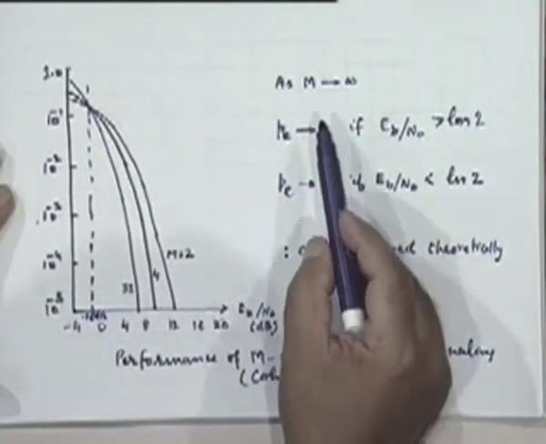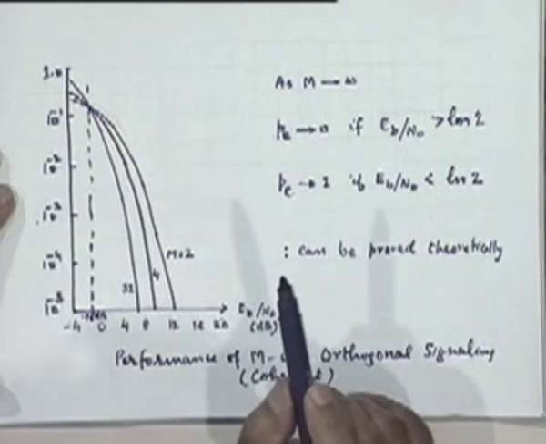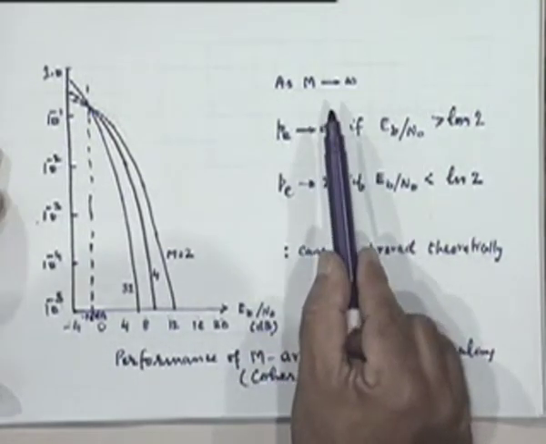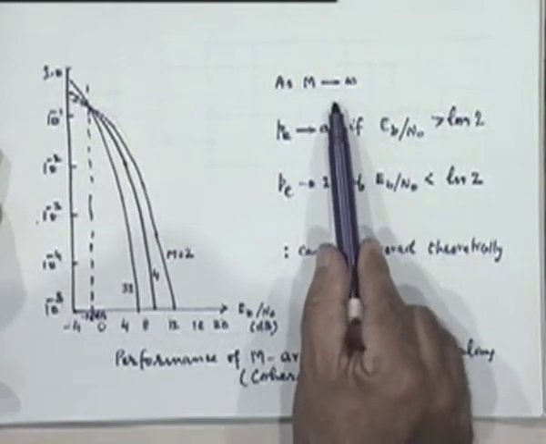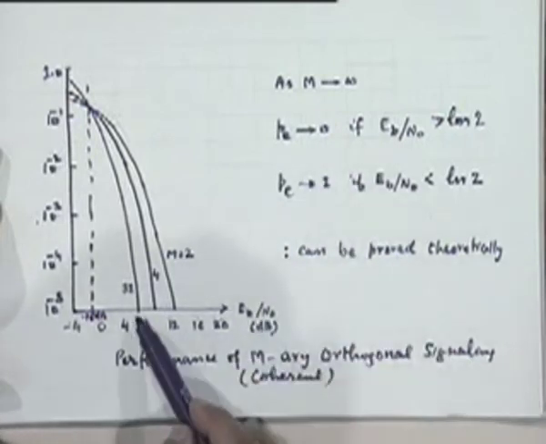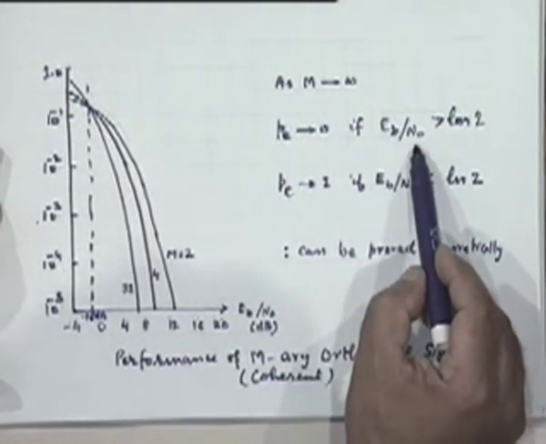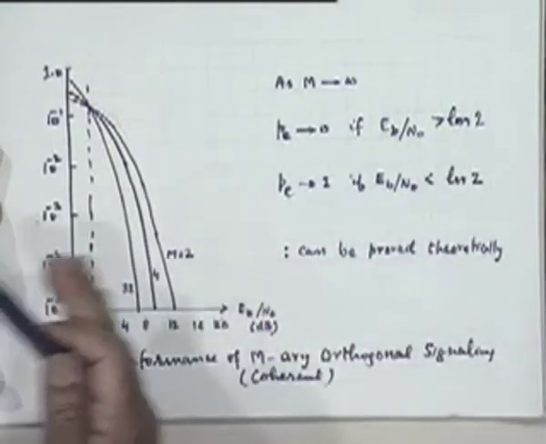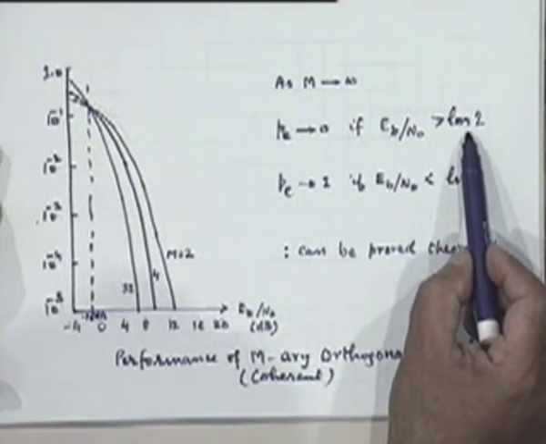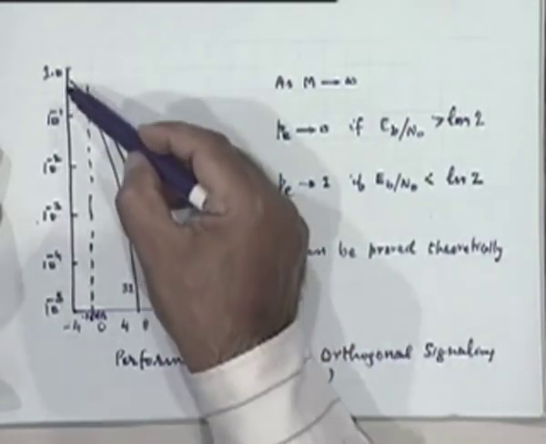So the answer to the question that I asked you some time ago, as to what happens to the error probability as M tends to infinity, is that the error probability tends to 0 provided EB by N0 is on the right of this point, which is actually ln 2, that is minus 1.6 dB, and it tends to 1 if your EB by N0 is less than this value.